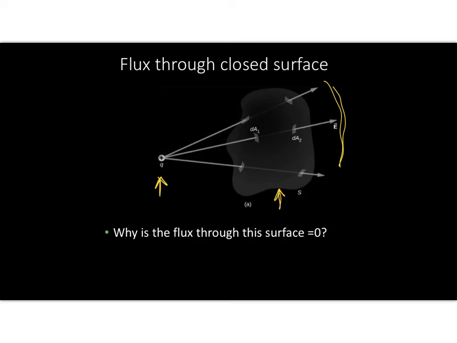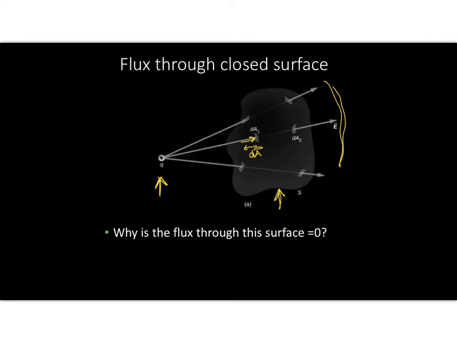Now, over here, the electric field lines are going into the surface, but the area vectors are pointing out away. Remember that the area vector for a surface is perpendicular to the surface itself. When it's a closed surface, it points away from what volume is enclosed. So that's why I know that dA is in that direction.